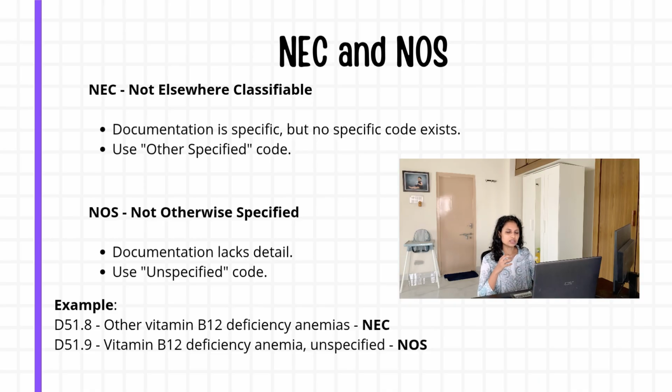In this case, the coder uses the unspecified code D51.9, vitamin B12 deficiency anemia, unspecified. In more simple words, NOS means the code exists but the doctor didn't give enough information about the diagnosis.